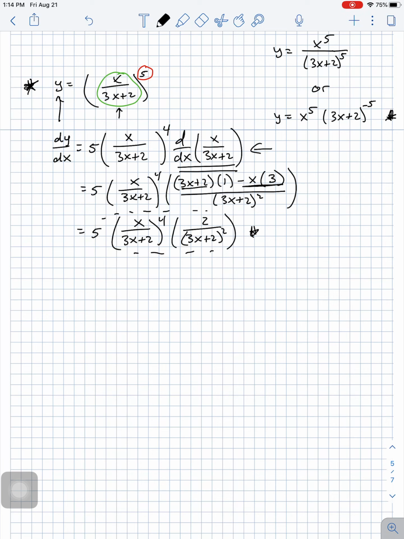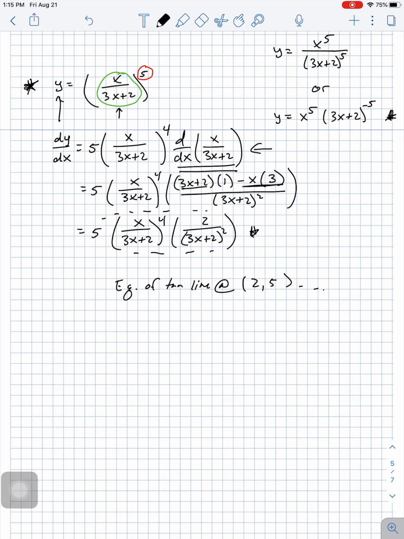Okay, so that's an example of a quotient rule with a chain. And in this section too, in the homework, just be aware, in every section we do this, I might ask you to find the equation of the tangent line at a certain point, whatever, I don't know, 2, 5 or something like that. And if that is the case, you plug in your x value and get your slope, and then write the equation of the line.